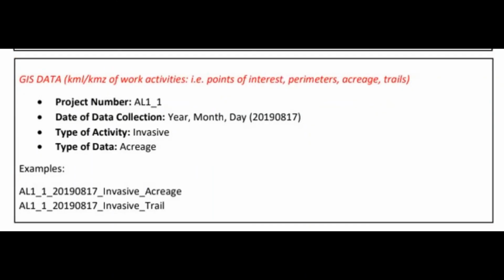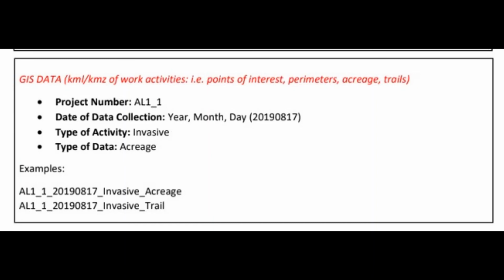When you open that Word document, the naming cheat sheet, you'll want to scroll down to the section describing GIS data, which is coming from your GPS. You'll see again that it wants us to upload this in a KML or KMZ format, and we're going to follow this specific naming protocol, which is first project number, date of collection, type of activity, and type of data.